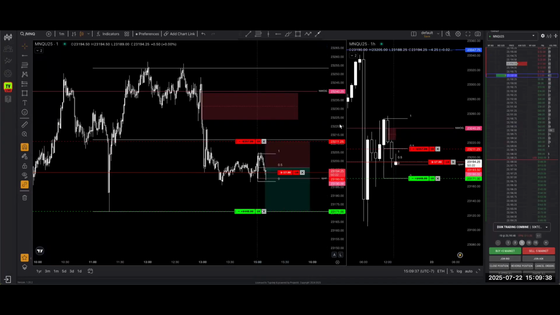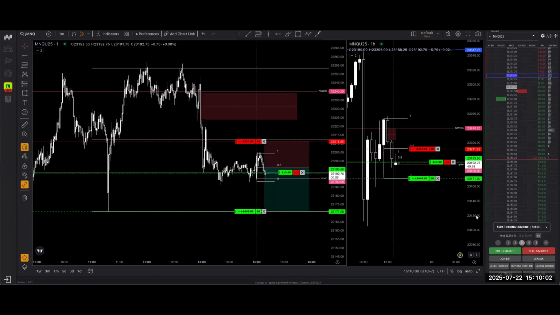Would not want to see it come back up. Let's get it below opening price. Come on.